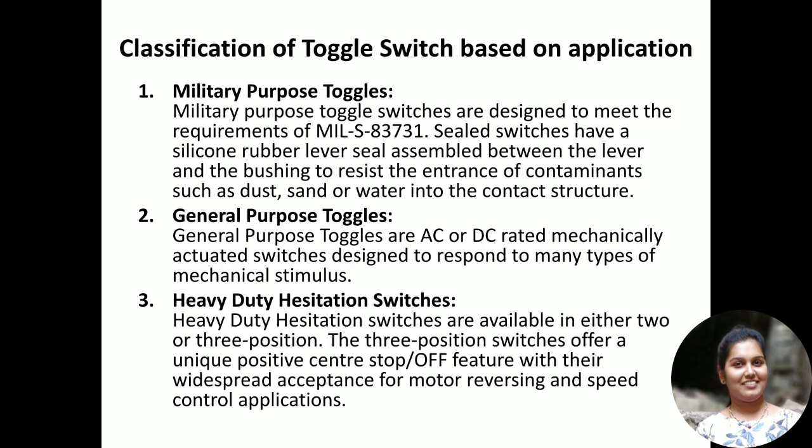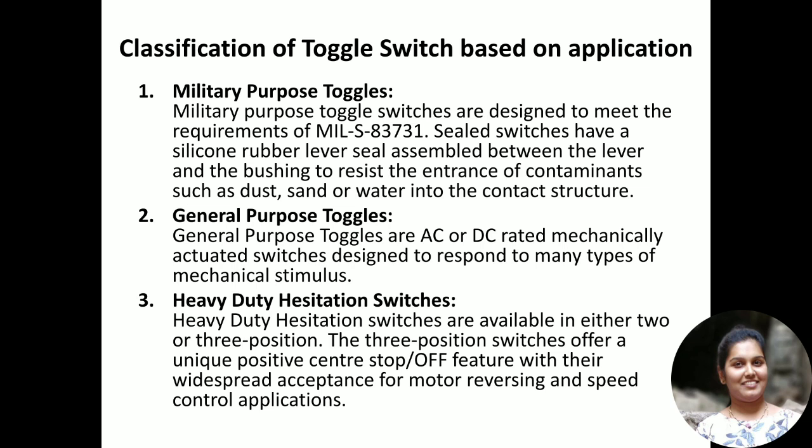Okay, right. So this is the basic classification of the toggle switch based on the application. Either we can use it for military purpose, general purpose, or heavy duty hesitation switches. From this we can understand that the toggle switch is a kind of switch which is suitable for any application, right from the very light or delicate applications to the unstable environmental conditions.